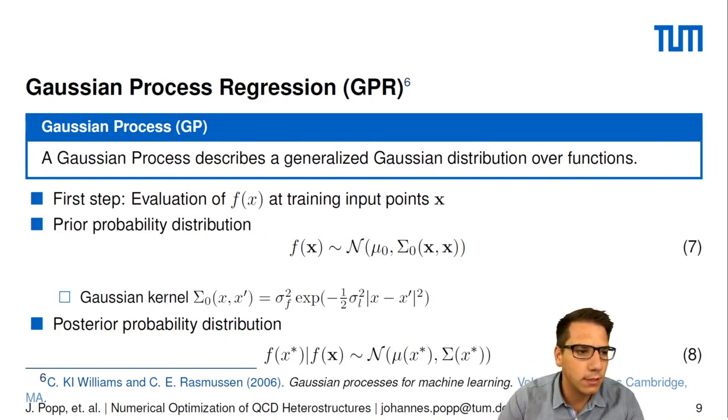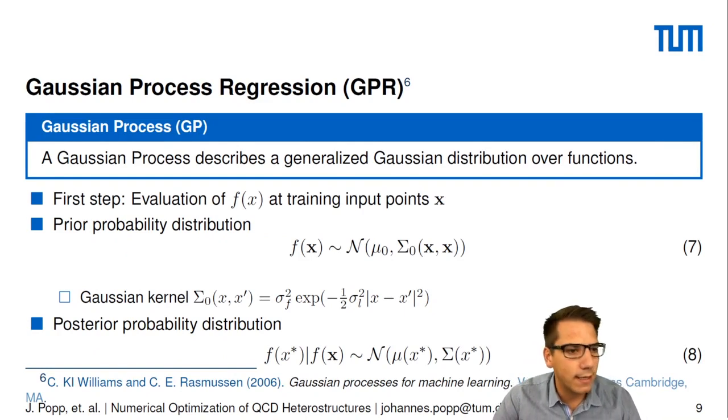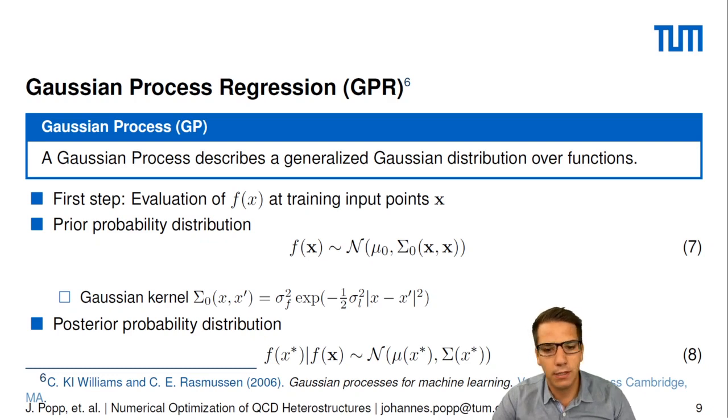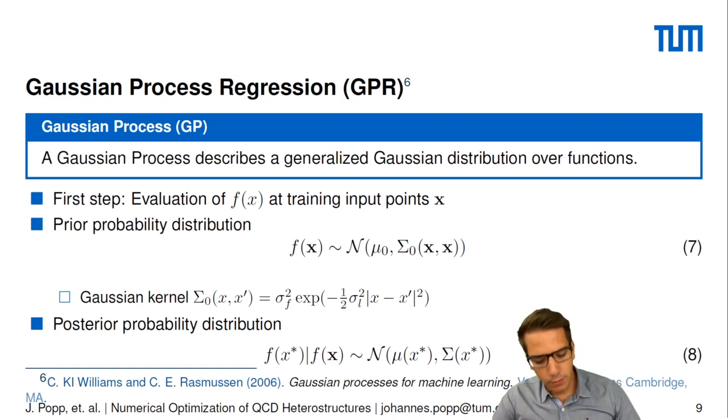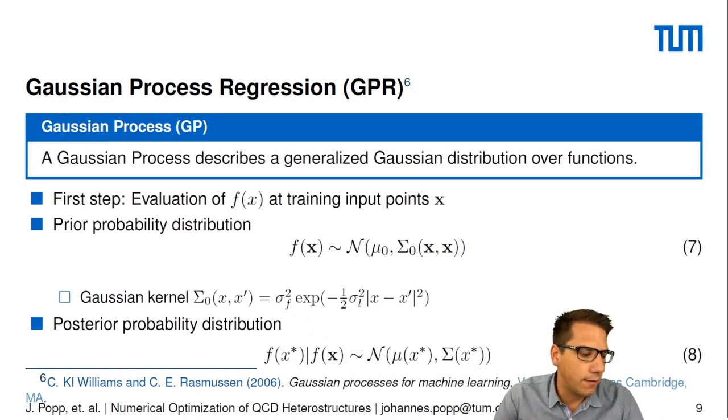A Gaussian process describes a generalized Gaussian distribution over functions. So we start with evaluating our objective function with some starting training input points. Therefore, we can then define the prior probability distribution, which is given in equation 7.